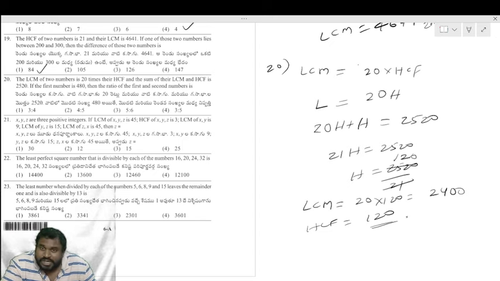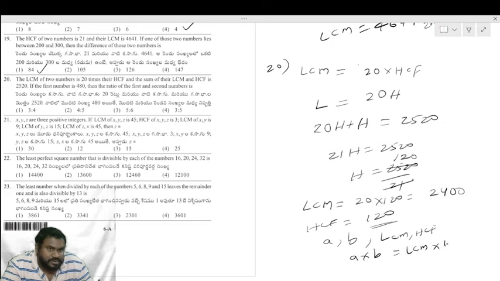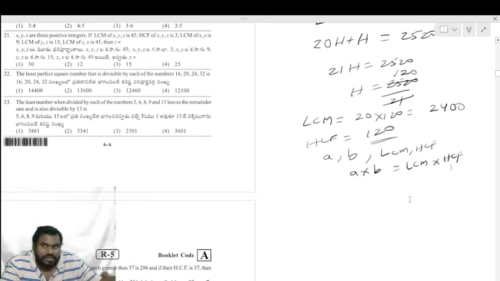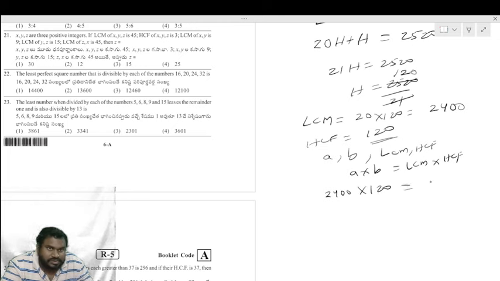The first number is 480, then the ratio of the first and second number is asked. I told you A and B are two numbers, LCM and HCF are known. Then what is the principle? A into B is equal to LCM into HCF. So LCM 2400 into HCF 120 is equal to 480 into the other number, which I don't know.